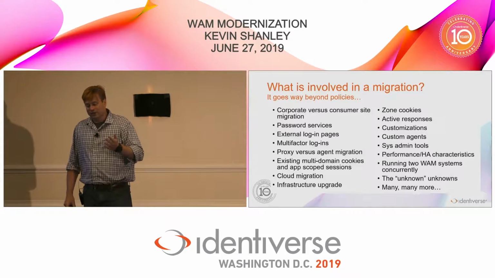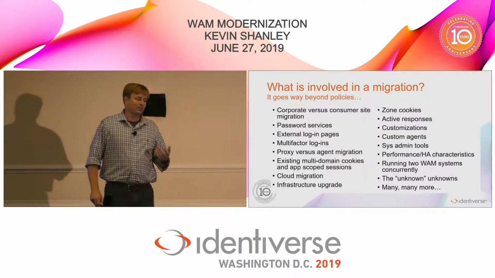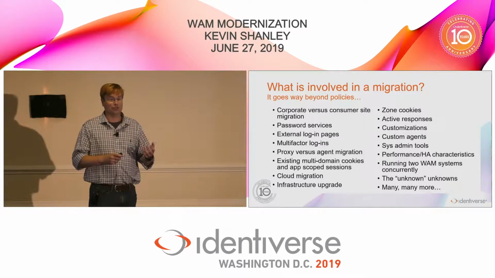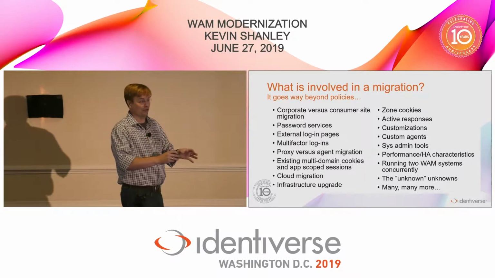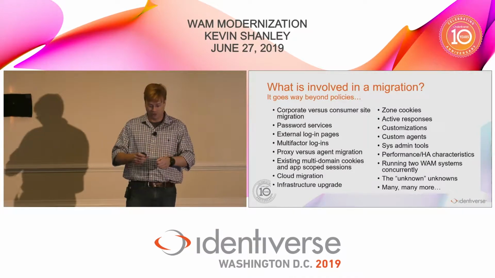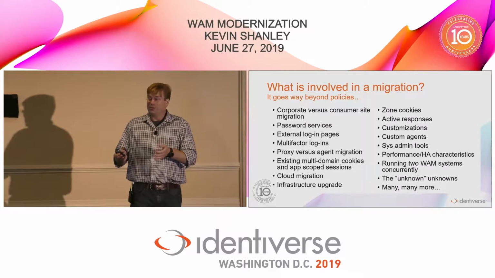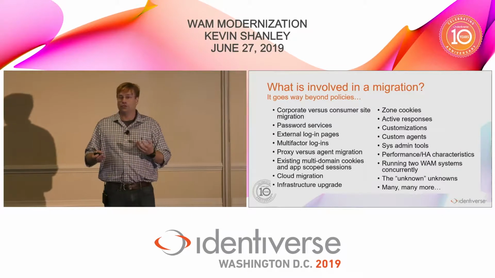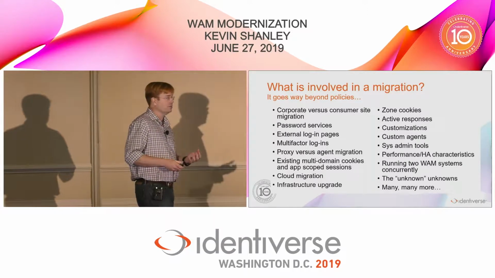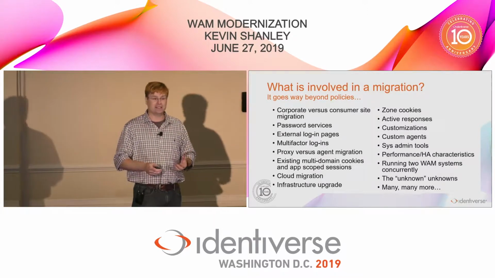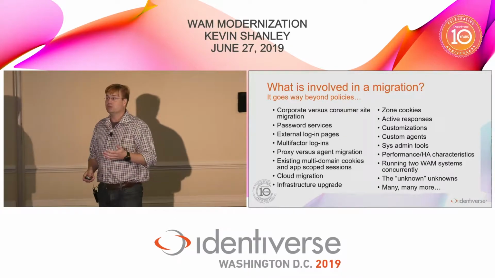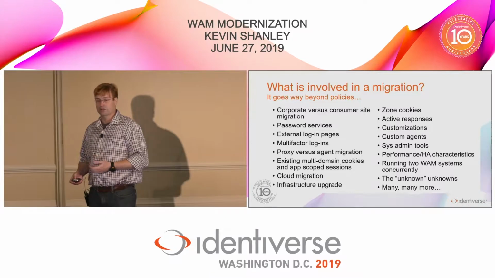As I've gone through a lot of these migrations, there are things we've run into that are just unbelievable. We would find entire policy servers that even the SSO team didn't know about, that were running in the background for years and no one had turned them off. We'd look at them and see, wow, people are still using these things. You may think you have an app inventory, you may think you know what's being used, but it's really not until you start moving the furniture around your house that you see, whoa, there's a hole in the wall, there's all this other stuff, which actually becomes a pretty important part of making a WAM migration.